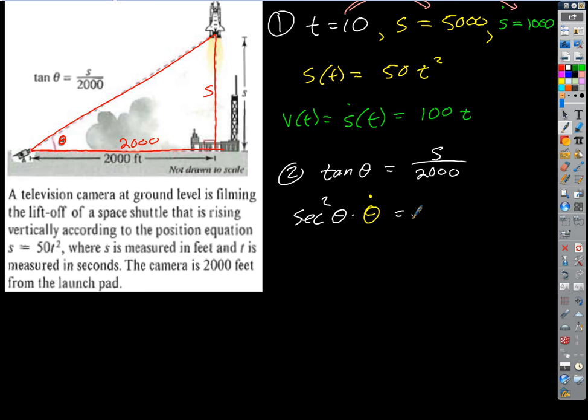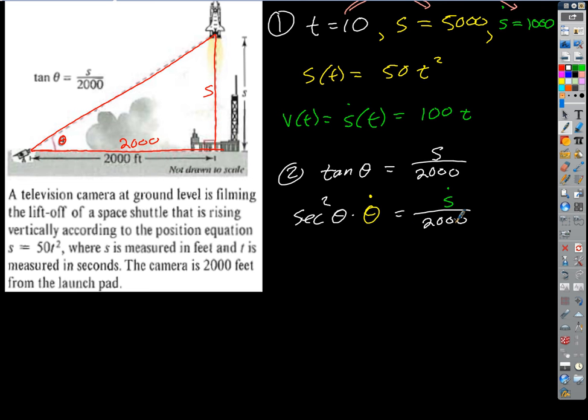What about the other side? The derivative of 1/2000 s with respect to t, the 1/2000 we just leave out front. What's the derivative of s with respect to t? S dot, okay? So we're just going to get s dot over 2000, agreed?